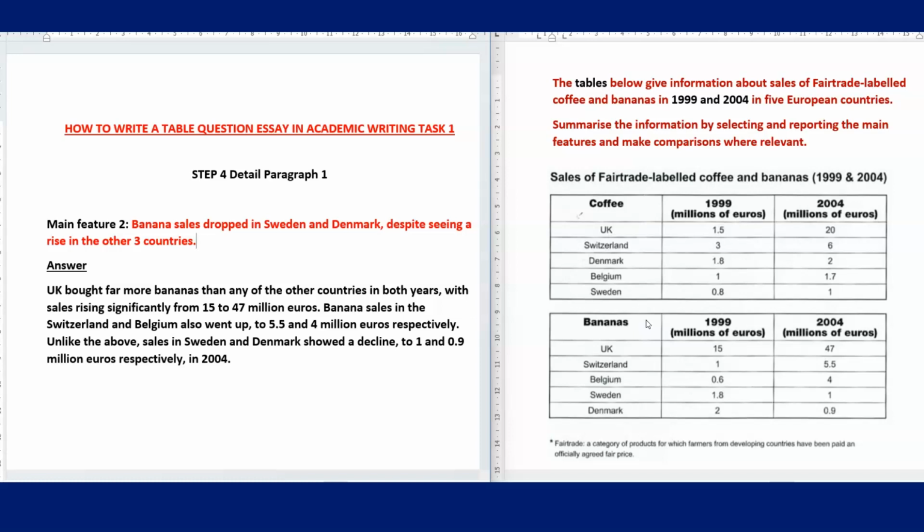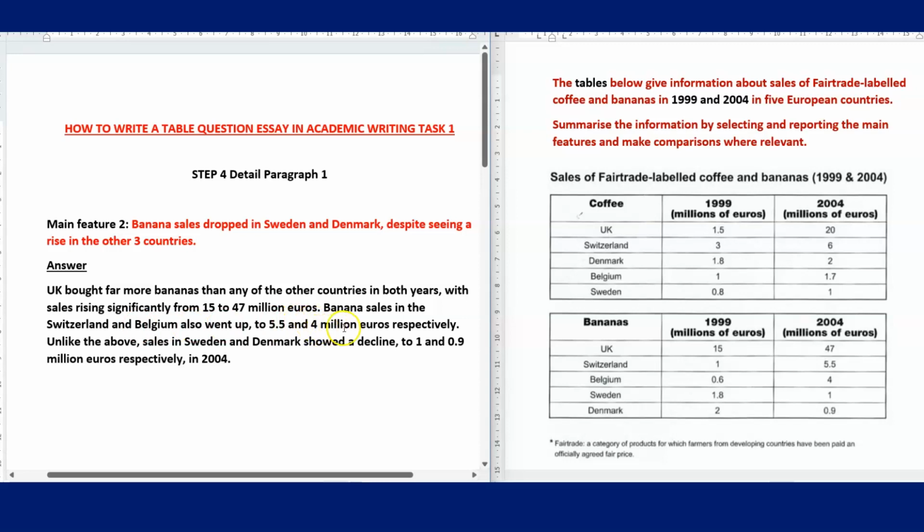So when it comes to banana, the UK bought far more bananas than any of the countries in both years, with sales rising significantly from 15. So we've now proven it with figures, 15 to 47 million euros. Banana sales in Switzerland and Belgium also went up to 5.5 and 4 million respectively. So Switzerland is 5.5 and Belgium is 4.